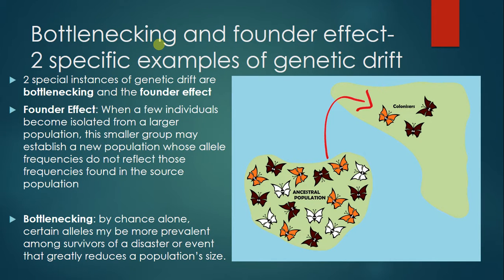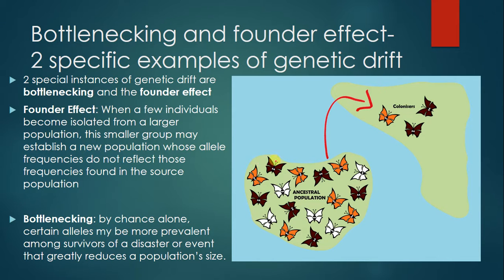There are 2 specific examples of genetic drift I want to make sure you know, because they could be asked of you on the AP test, and they're called the founder effect and bottlenecking. The founder effect happens when a population emigrates, so leaves and finds a new home.